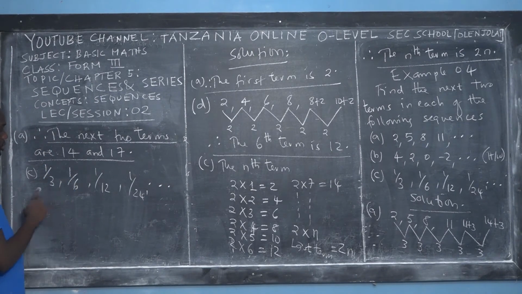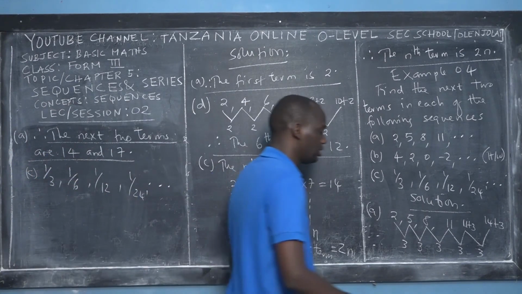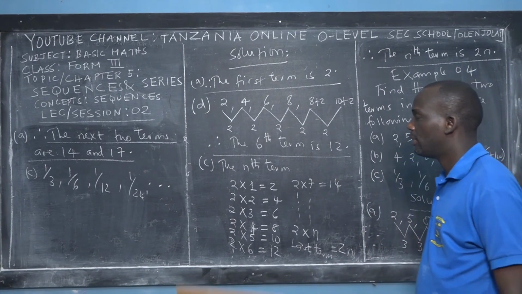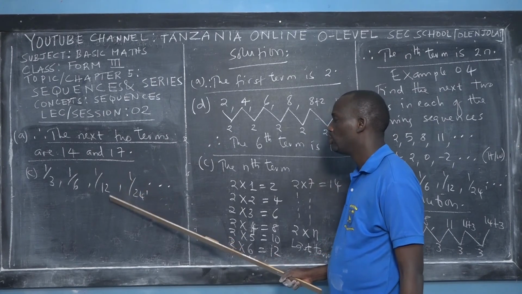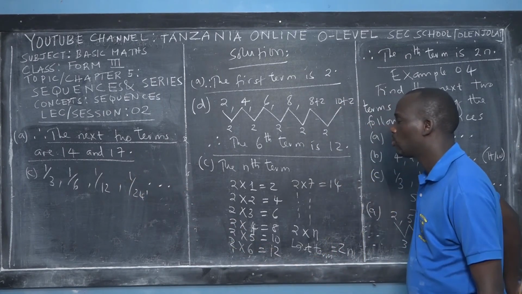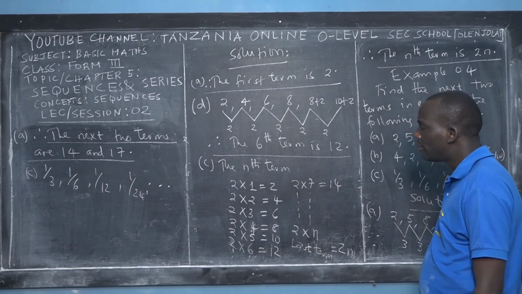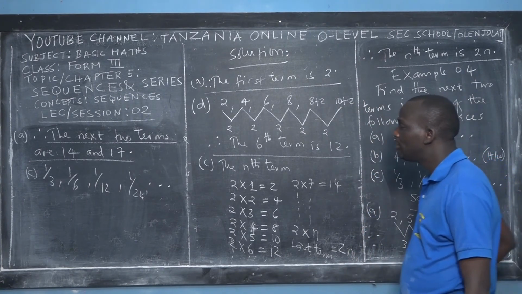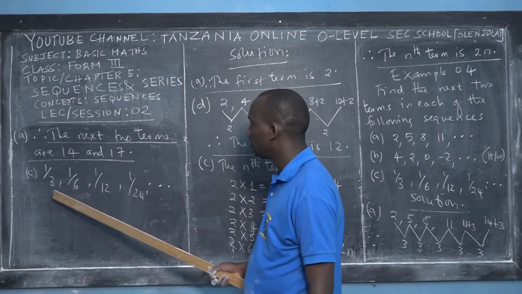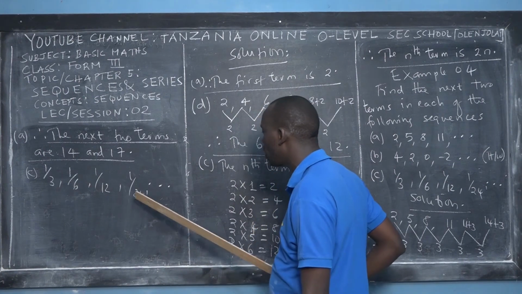The same rules will be used like in case of whole numbers or integers. So for this case, if you examine this sequence, it's a fraction. It has 2 parts: numerator, denominator, numerator, denominator, numerator, denominator, numerator, denominator. If you examine, you find that numerator is a constant number, which is 1. And then if you examine denominator, it has been formed by following a particular rule.